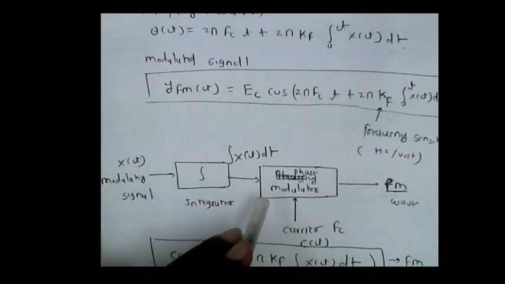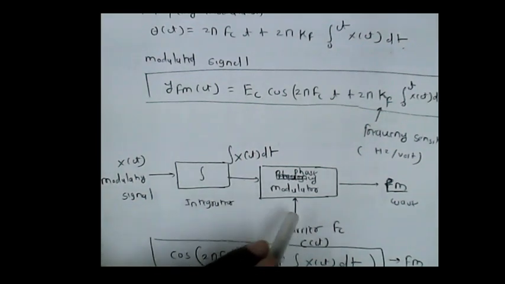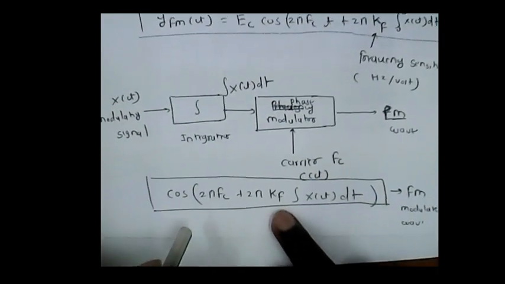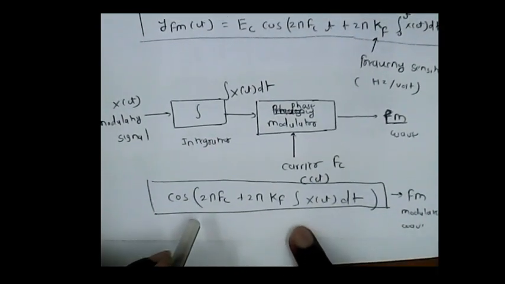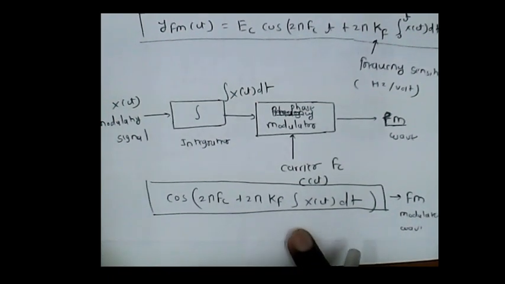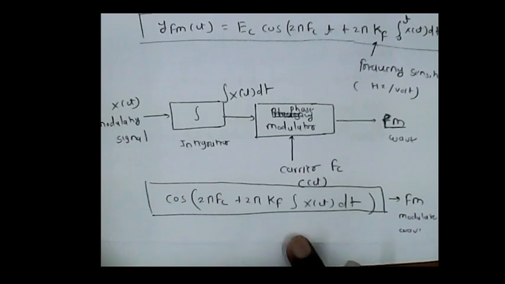The phase modulator generates a frequency variation in the FM waveform. The carrier signal together with the modulating signal generates the FM wave. So the output of this is nothing but cos(2 pi fc t + 2 pi kf integration of x of t dt). This is nothing but the FM modulation.